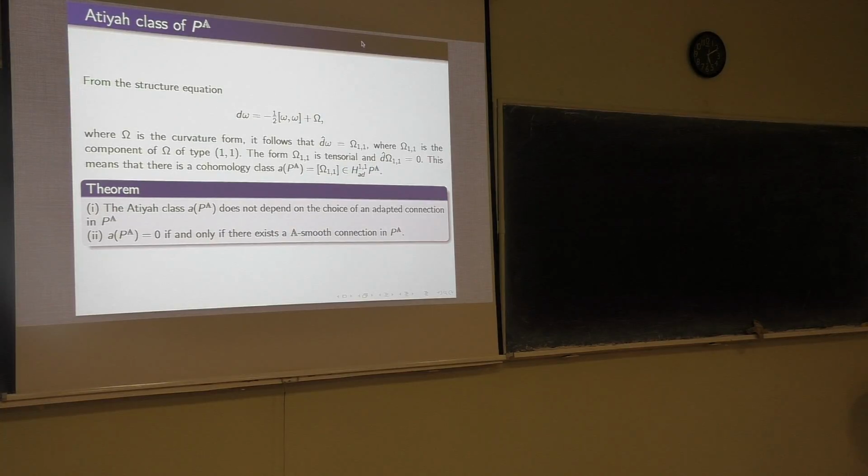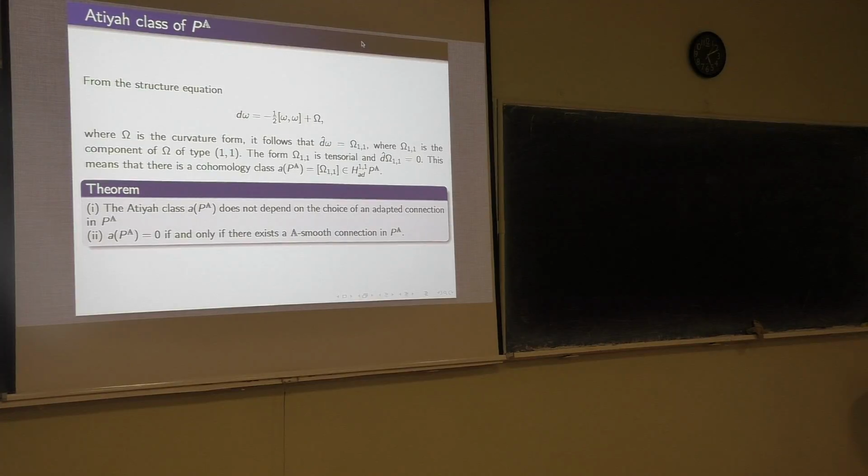So from this structure equation, we get that the differential d-hat of the connection form is the one component of the curvature form, and this component is tensorial and it is closed.